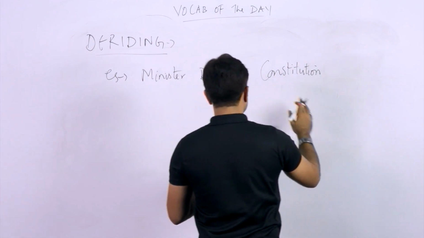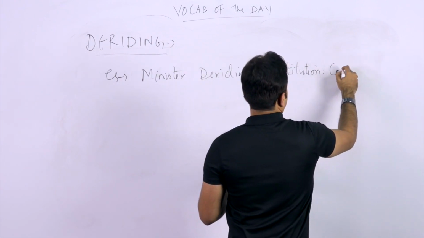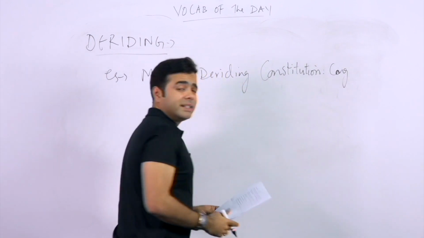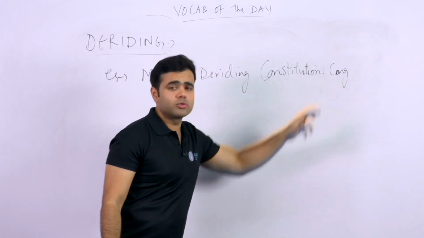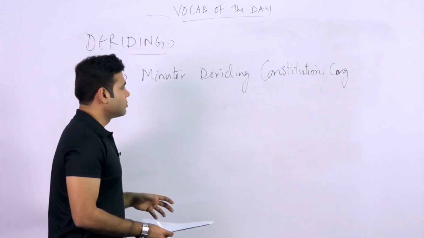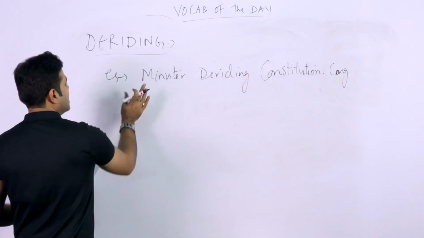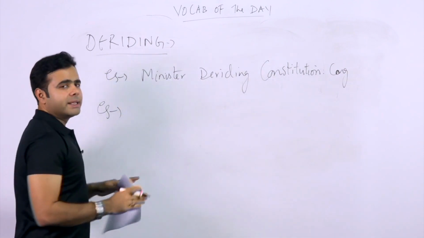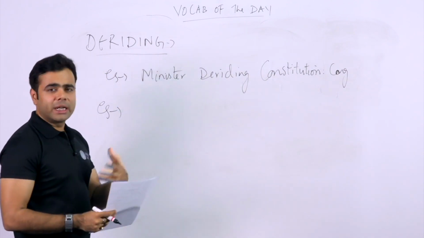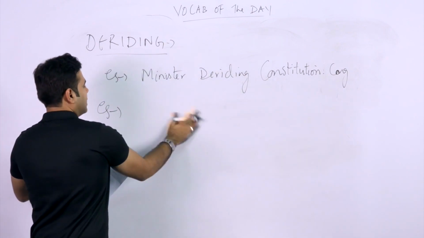By this way it was there in the sentence in the newspaper. So I hope you understand what it means. The statement was from the side of the party, that is Congress. Minister deriding the constitution. This was the sentence in the newspaper, but I again want to use another sentence from my side so that you can connect with the word deriding.